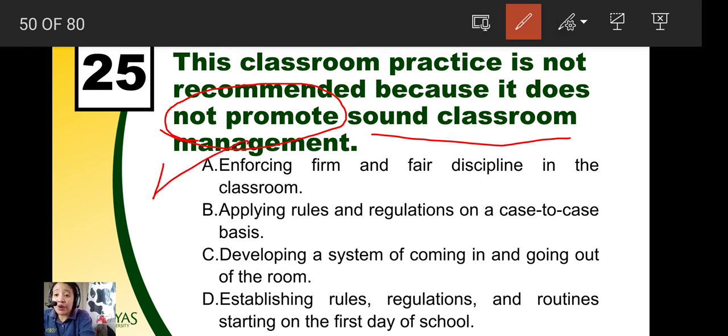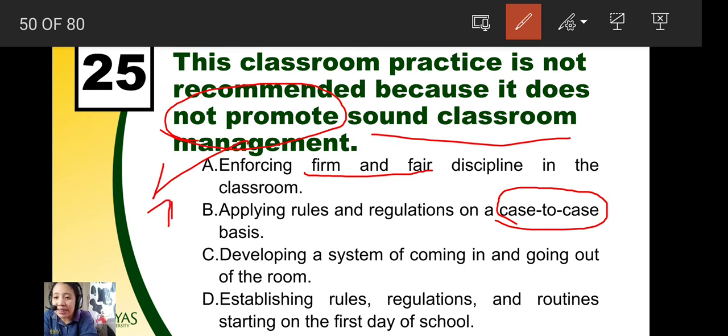So, this is okay and this is correct. We really need to enforce firm and fair discipline. So, tama naman siya. Wala namang mali doon. Ikalawa, applying rules and regulation on case-to-case basis. Oh, eto, yung nagpamali sa letter B.